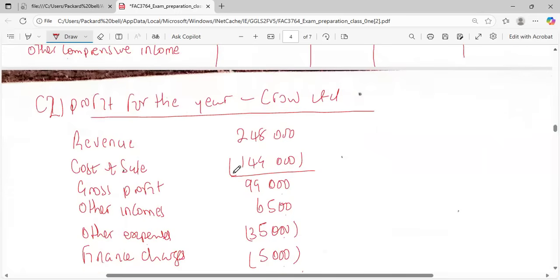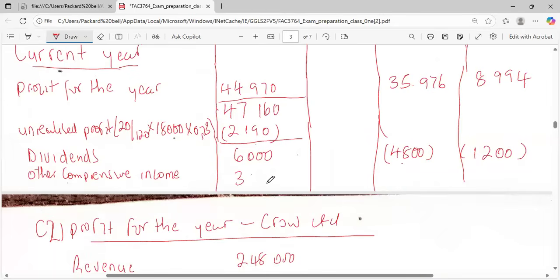What belongs to the group, you multiply by 80%. It's going to be 3,136. Then what belongs to NCI? You minus that from 3,920. It's going to be 784.